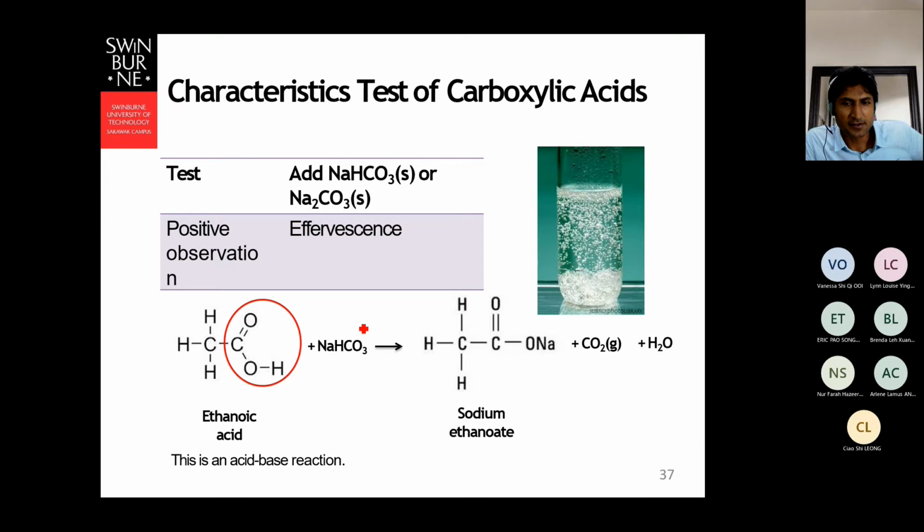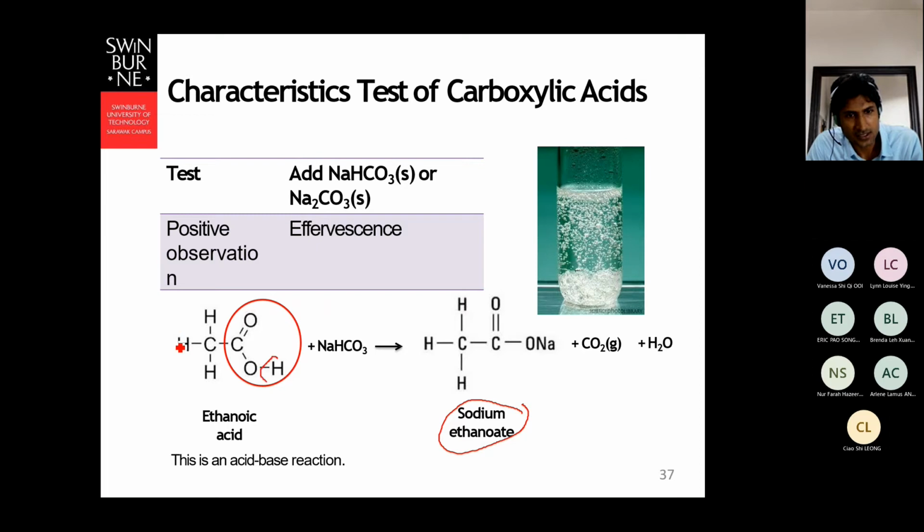So the effervescence will happen. That means bubbles will come up from the liquid. When the bubbles come up, we know that this is carboxylic acid. Water will not produce this. The bubbles come up and it produces sodium ethanoate.